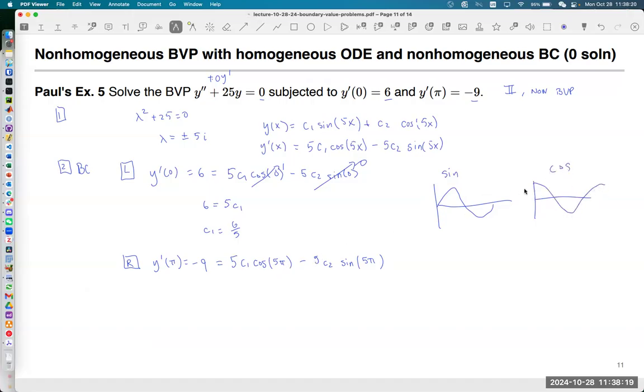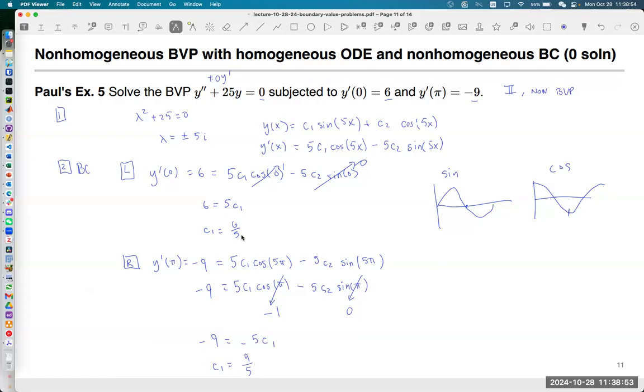For cosine, 5 pi is equivalent to 5c1 cosine of pi minus 5c2 sine of pi. And cosine of pi is here, minus 1. Sine of pi is here, 0. So this tells us that it should be minus 9 is equal to minus 5c1 minus 0. So c1 should be equal to 9 divided by 5.